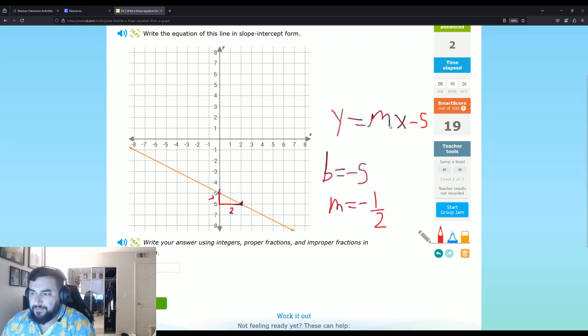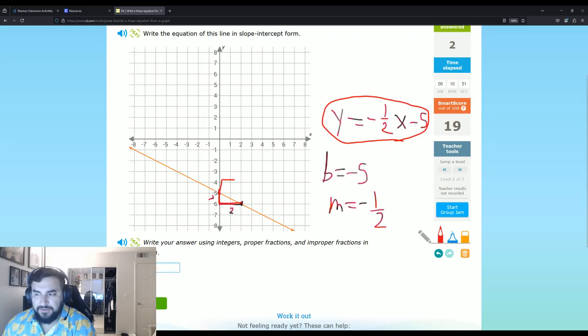Now my slope, make sure the x stays there because that was my mistake last time. Let's put a -1/2 right here. Is it important to have that negative symbol? 100%, because that negative symbol doesn't make it go up to the right, it makes it go down to the right.